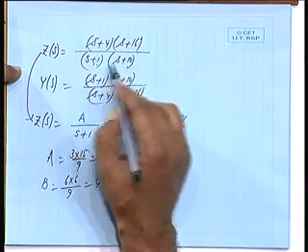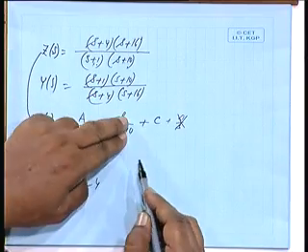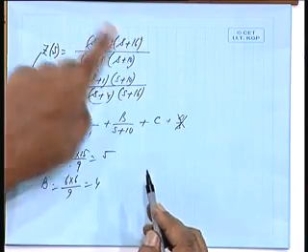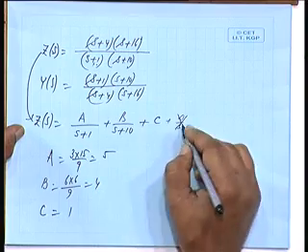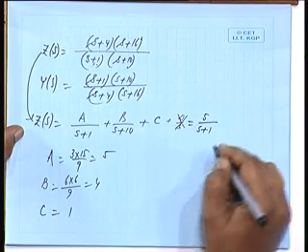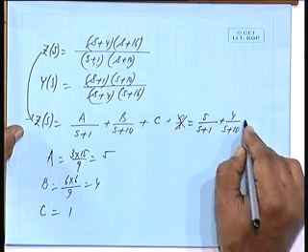Then if I make S tending to infinity, this will vanish, I will be left with C. So, S tending to infinity means S squared by S squared, 1. Okay. So, this can be written as 5 by S plus 1 plus 4 by S plus 10 plus 1.